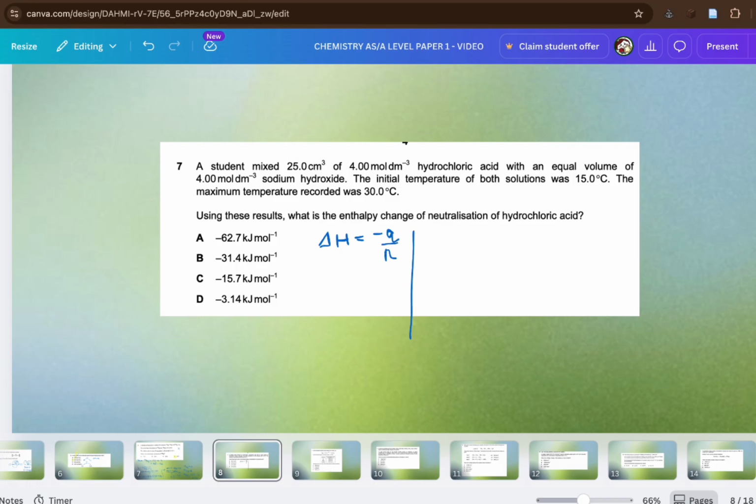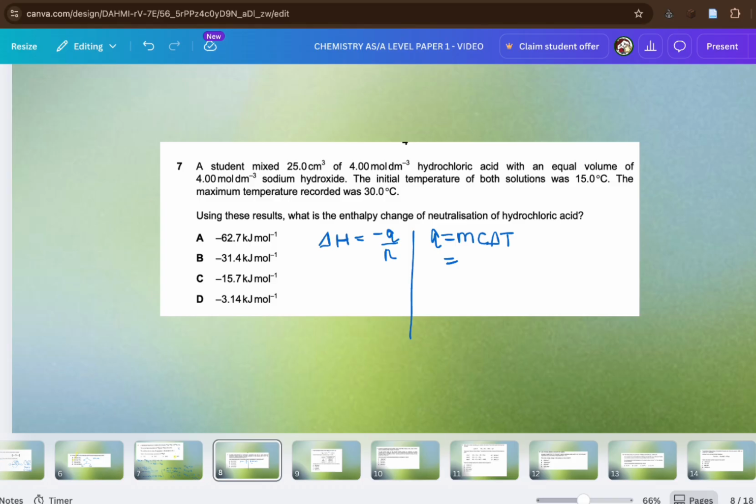Okay, let's find Q, which is mass times specific heat capacity times temperature change. Okay. So because the solution was mixed, we will combine both of the masses.